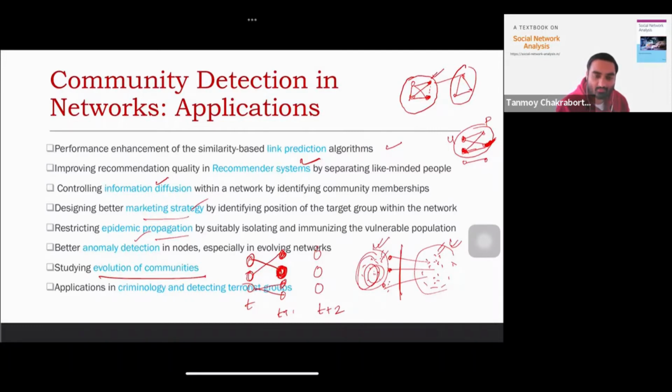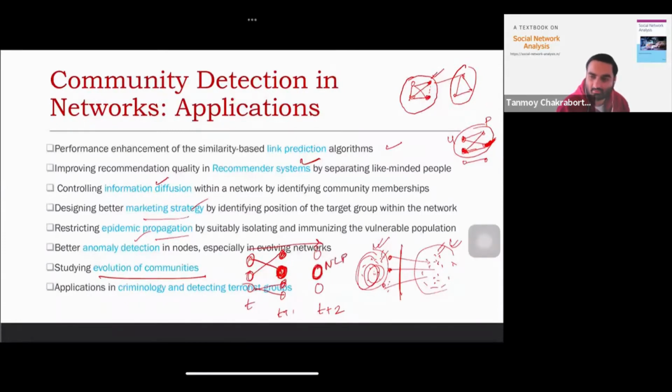Now, if you know the evolution of a community, you would be able to answer many questions. For example, in a scientific network, these communities are essentially different topics. Let's say that at time t+2, you know that this community indicates the field NLP.